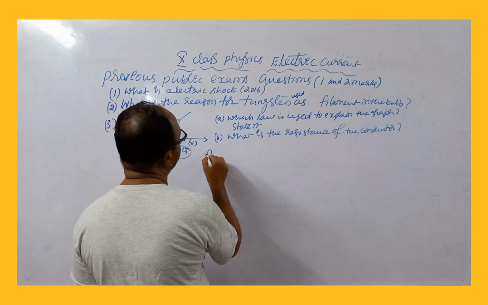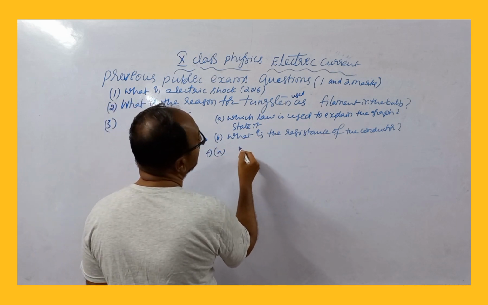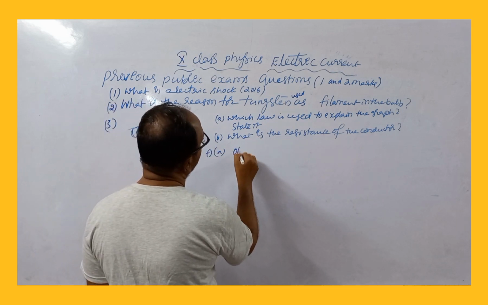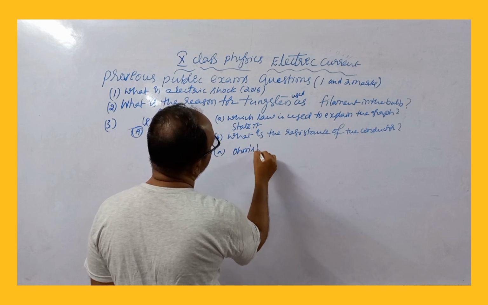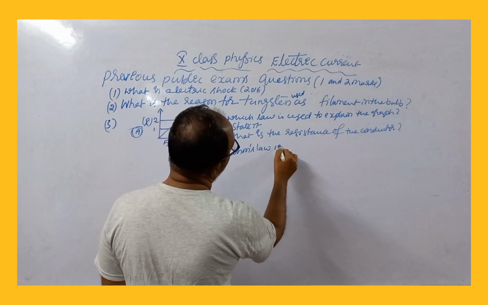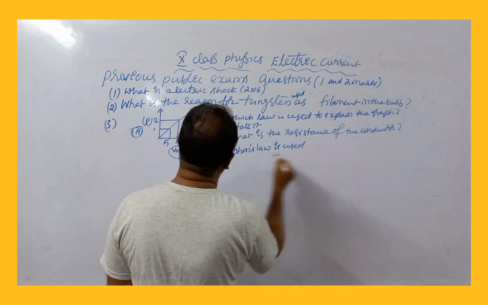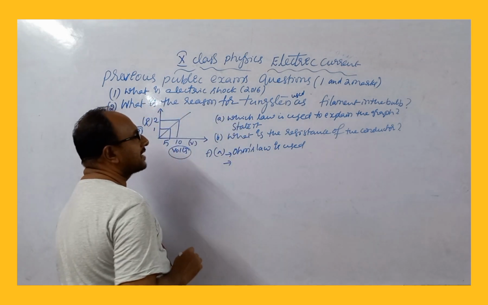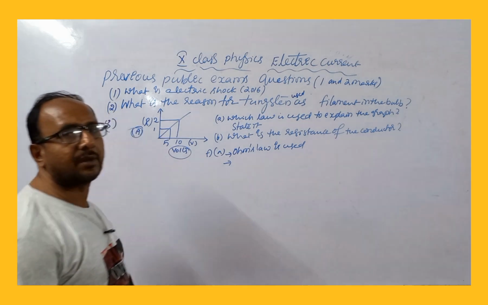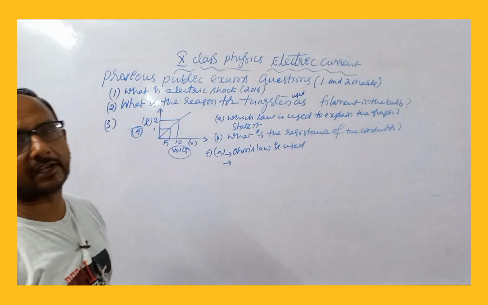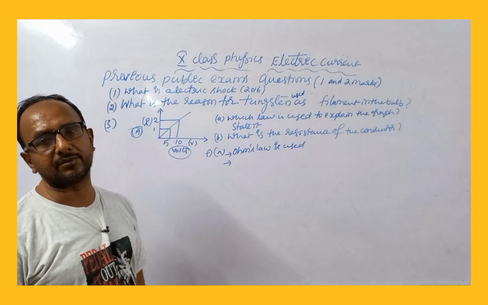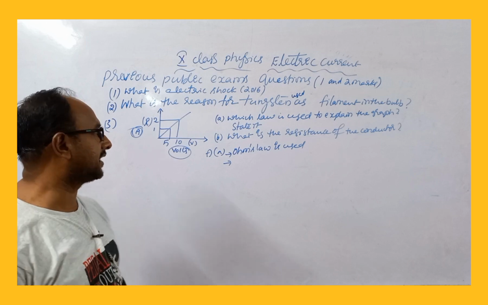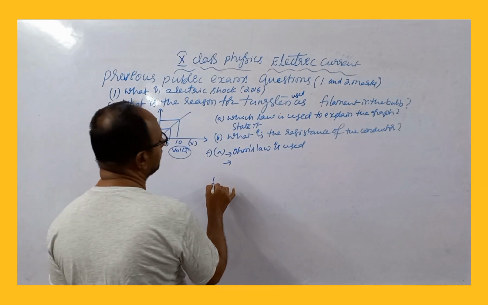So the answer for the first question is: Ohm's law is used. Now the statement of Ohm's law: at constant temperature, potential difference is directly proportional to the strength of the current. This is the statement.